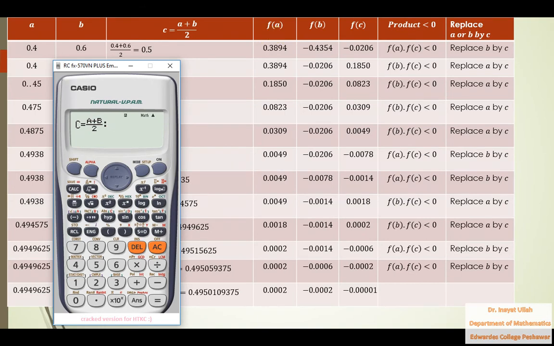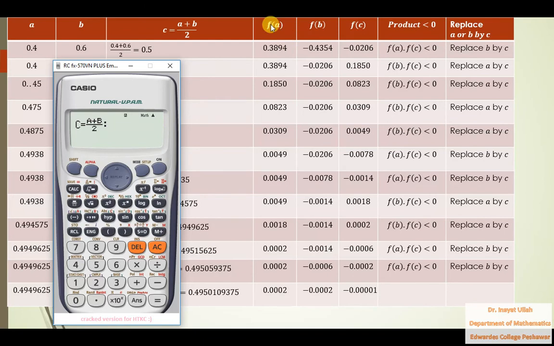In the given function, replace x by a, and the function given to us in this question is sin x minus 5x plus 2. So we need to write sin a minus 5a plus 2, and for this we replace x by b, so sin b minus 5b plus 2, and for c we replace x by c, so sin c minus 5c plus 2.